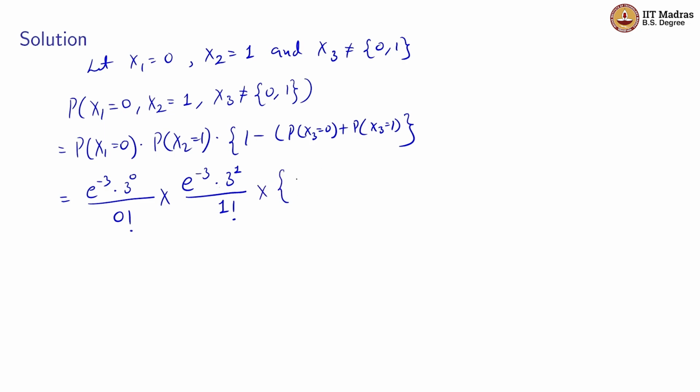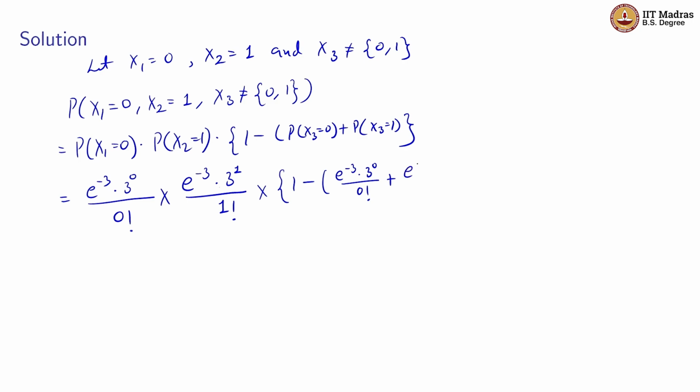and inside the bracket we'll have 1 minus the probability x3 is equal to 0, which will be the same as probability x1 is equal to 0, as all the random variables are IID. So the probability x3 is equal to 0 is e raised to the power minus 3 into 3 raised to the power 0 divided by 0 factorial, plus the probability x3 is equal to 1. This will be equal to probability x2 is equal to 1 because all the random variables are IID.